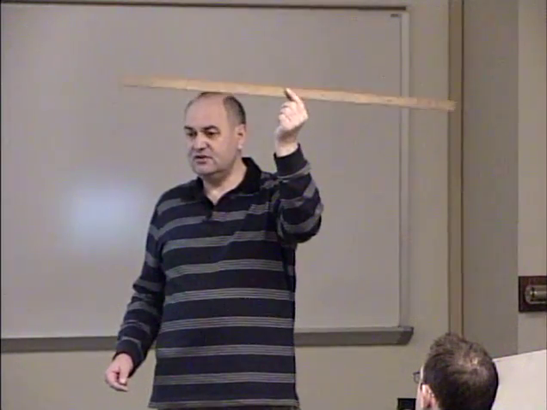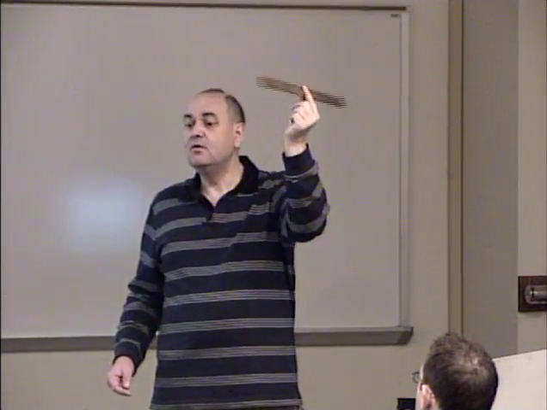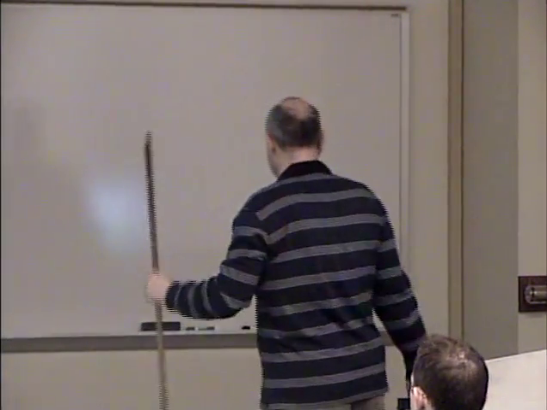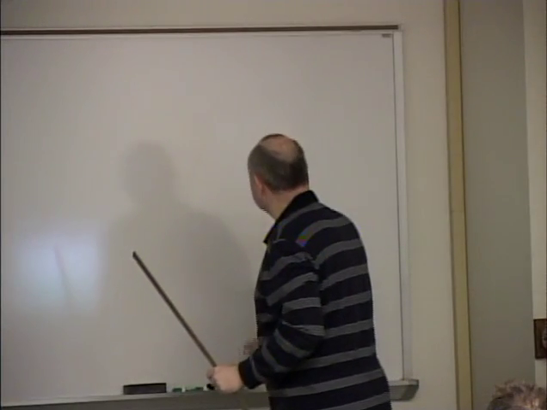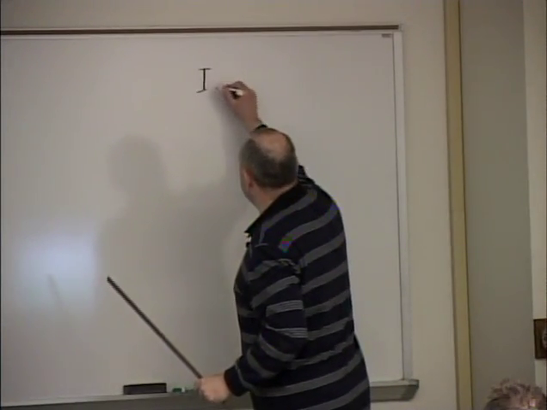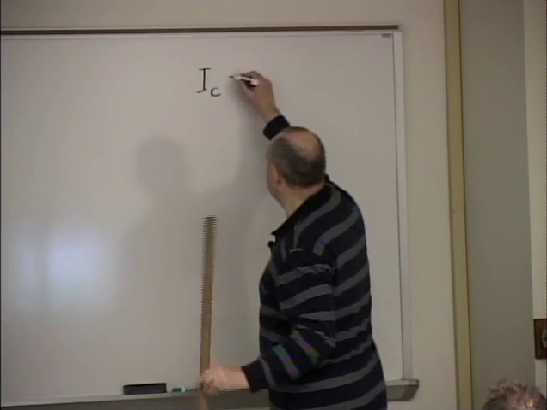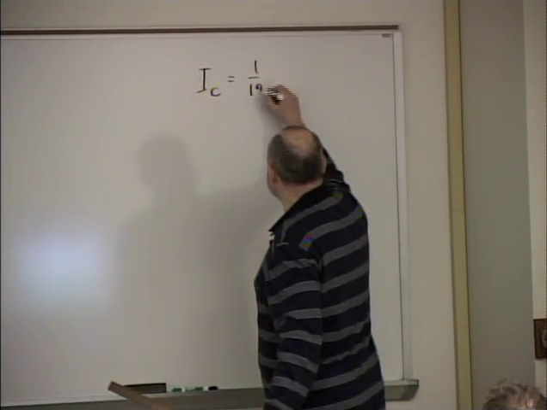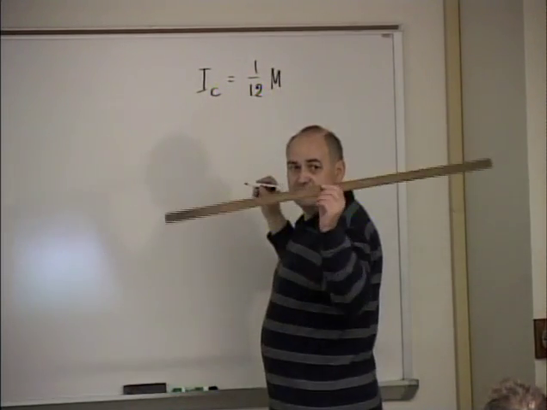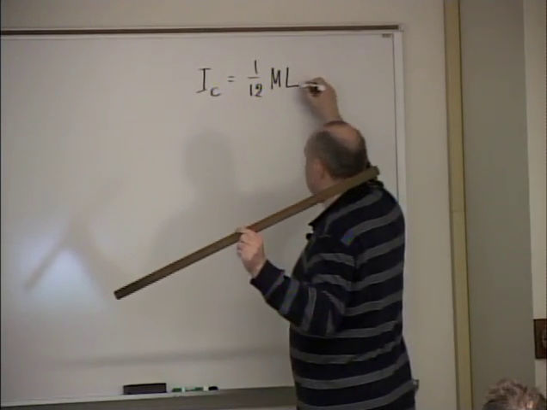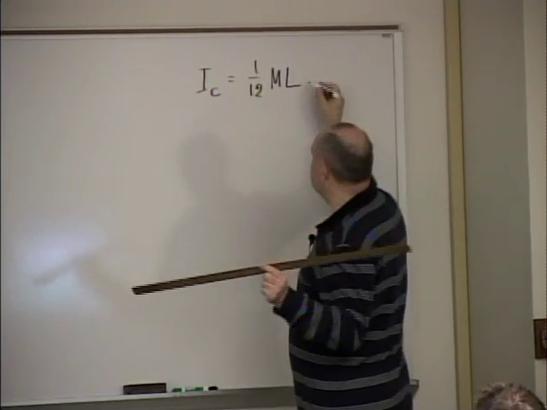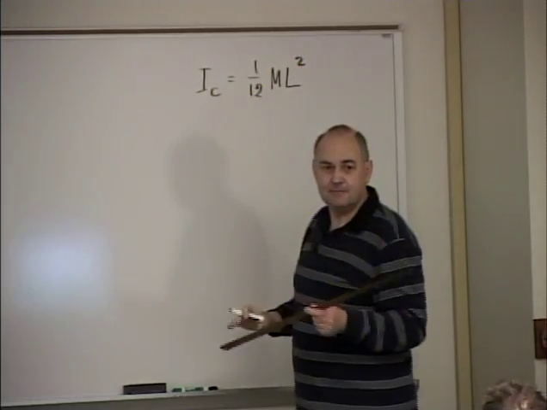No, it wasn't 1/3. It was 1/12. So the moment of inertia about the center of mass of a rod was 1/12 the mass of the rod multiplied by the square of the length, right?